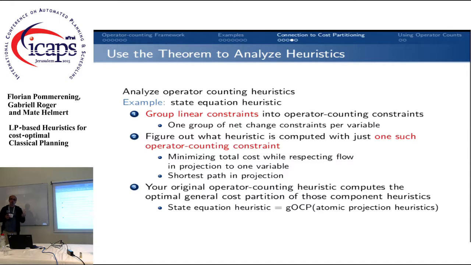This is landmarks, abstractions, critical path heuristics, and delete relaxations. And the state equation heuristic seemed to be something new, something outside of this categorization. But with this result, you can see that the state equation heuristic actually is an abstraction heuristic because it's a cost partitioning of projection heuristics.